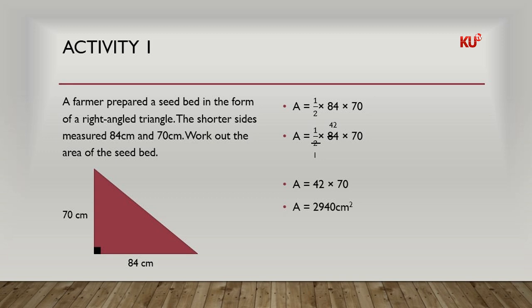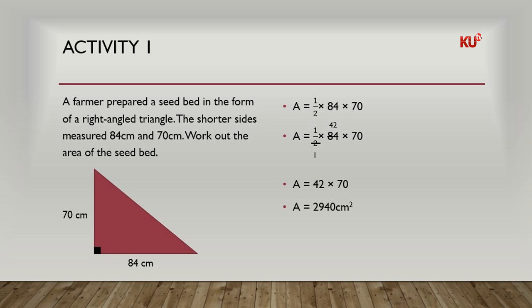Work out the area of the seed bed. As you can see from your screen, you note down the formula, which is area is equal to a half times base times height. Then the second step, you take a half times 84 times 70.